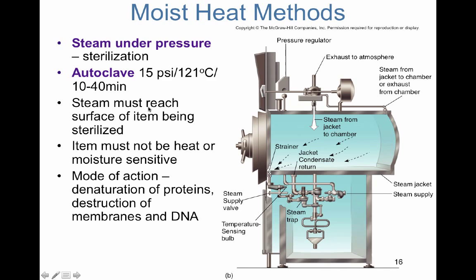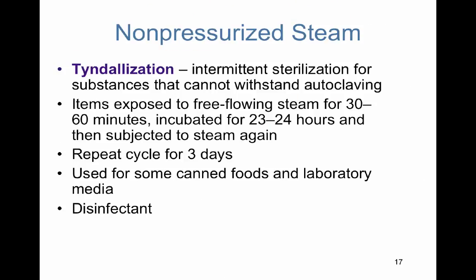So the steam must reach the surface of the item which we would like to sterilize. The item must not be heat or moisture sensitive, and the way in which it attains this sterilization is to target the proteins, destroy the membranes, and also target the DNA.